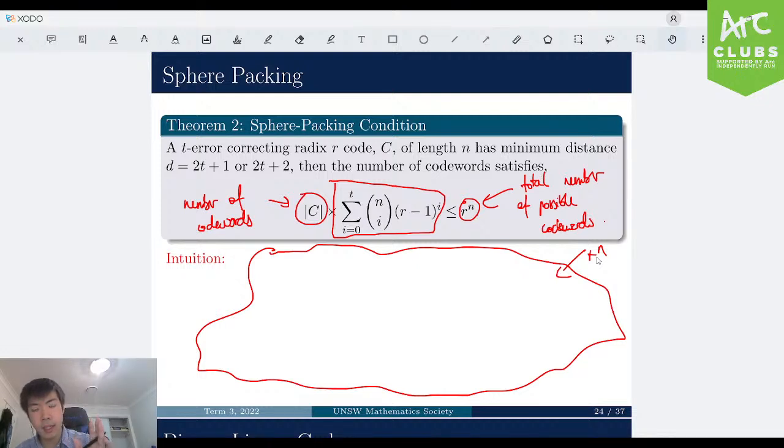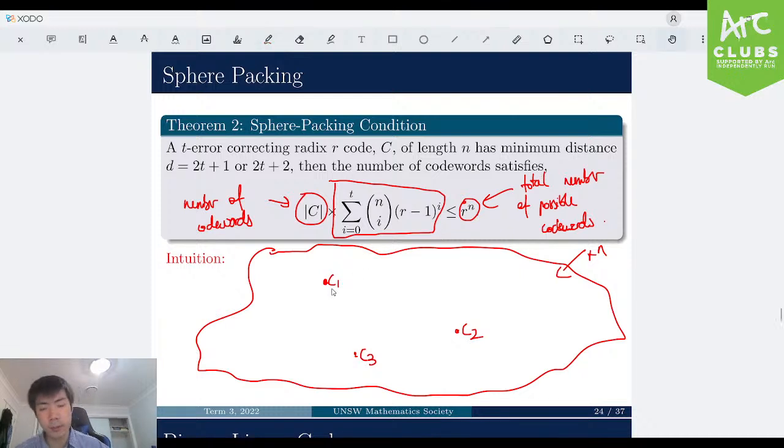And let's suppose that in this r to the power of n, only some of these are actual valid code words in our code set, right? Let's suppose there's one valid code word here, let's call it C1, one valid code word here, call it C2, one valid code word, call it C3, and so on. They're all scattered across this realm, right?